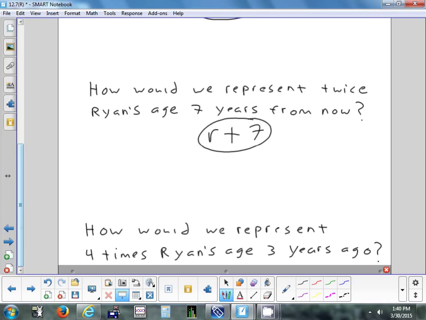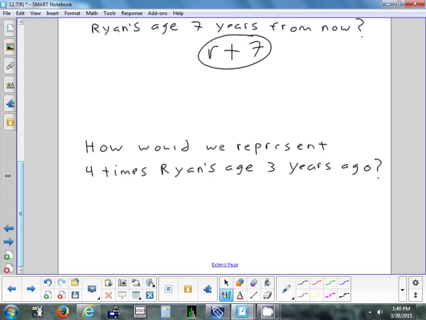Okay, here's one that's a little more tricky. We want to represent 4 times Ryan's age 3 years ago. First thing you want to do is just represent Ryan's age 3 years ago. So let's think. 3 years ago. Past or future? Travis, what do you think? 3 years ago. Is that the past or is that the future? That's the past. Past, you subtract.